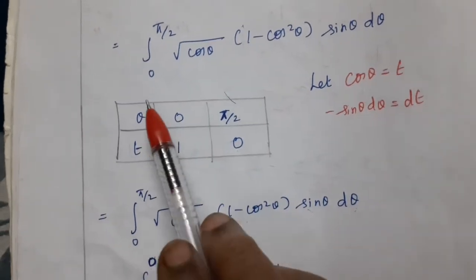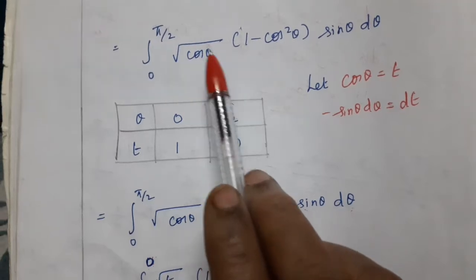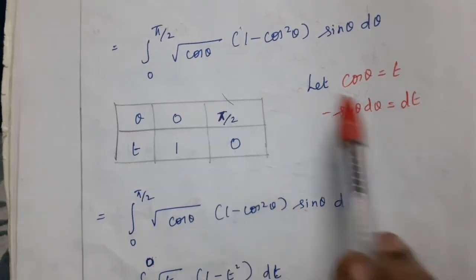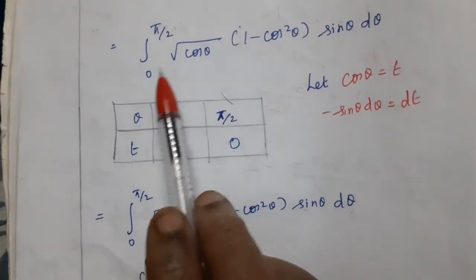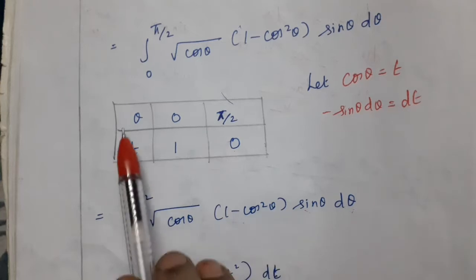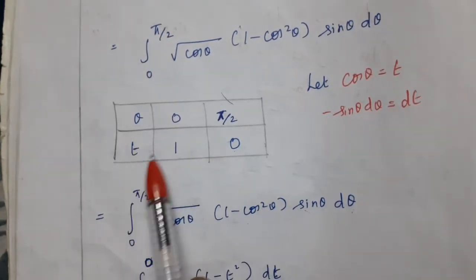So now we change the variable, because cos theta is taken as t. Since the variable is changed, the limits also change. In terms of theta, the limits are 0 and pi by 2, and the question is rewritten in terms of t.